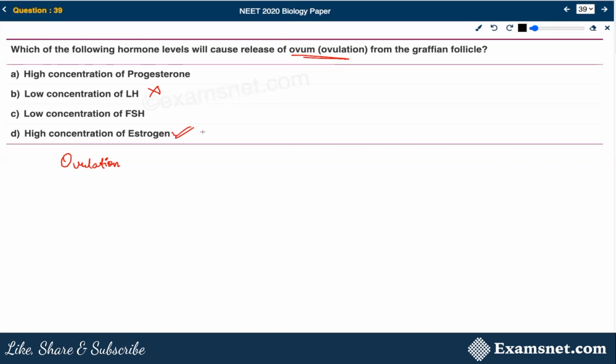Then LH, FSH, and estrogen at their peak are responsible for ovulation. So the correct answer here will be high concentration of estrogen.